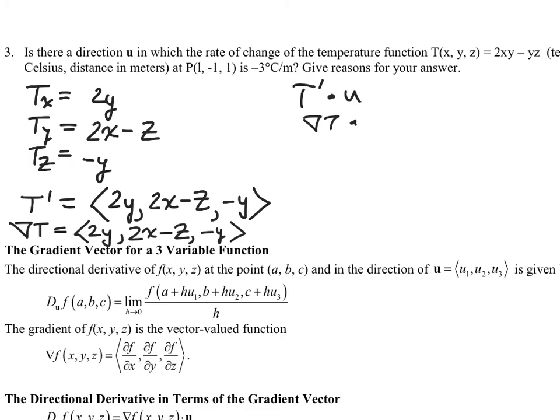And so what I'm going to do is find the magnitude of that and multiply it by the cosine of theta. And in theory, that result should be equal to negative 3. All right, so the square root of each component squared.